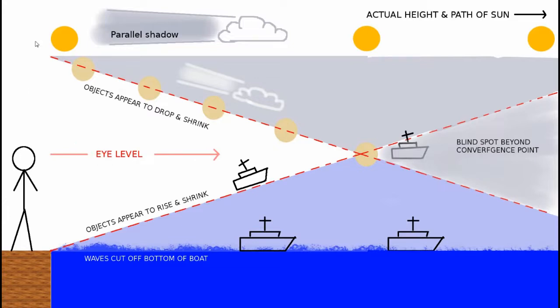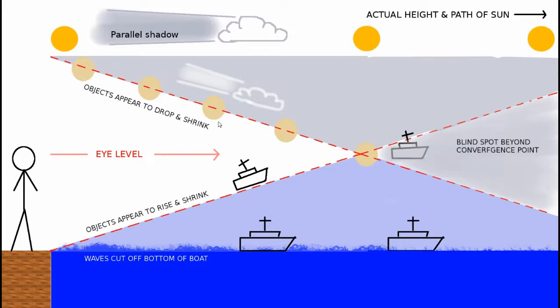Okay, so whether we go high or low, our eyes will create this convergence point at eye level, bringing the sky downwards into the middle and bringing the surface upwards. So with the objects in the sky, like the sun represented here as the way we see it sinking towards the horizon, objects appear to drop and shrink.